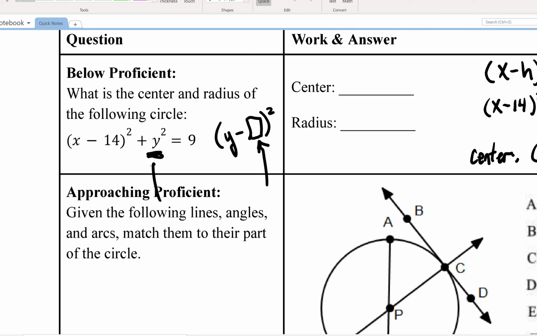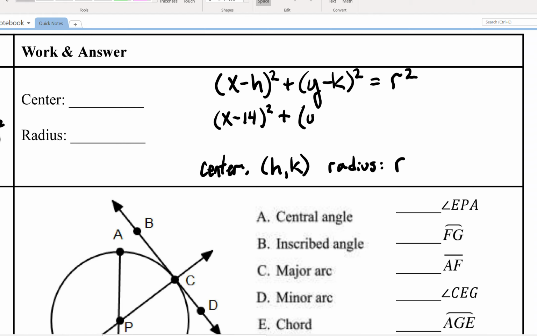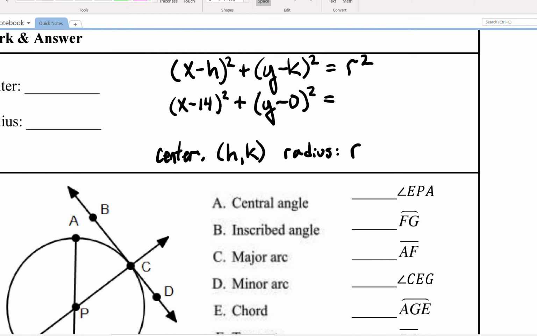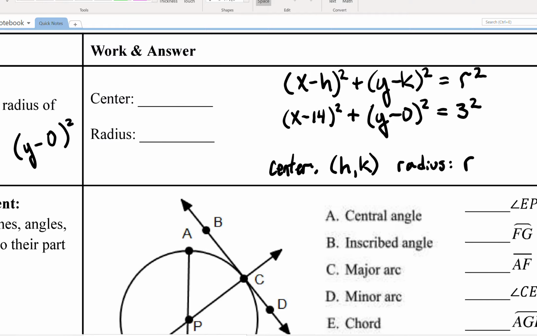That's what we have, y squared. So I'd say, well, what would that not having anything be? Well, it would be the same as y minus 0. So I'm going to write (y minus 0) squared, and then that's equal to 9, but I'm going to rewrite 9 as 3 squared.